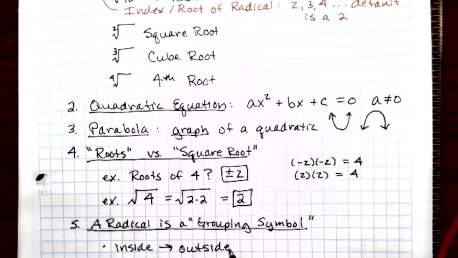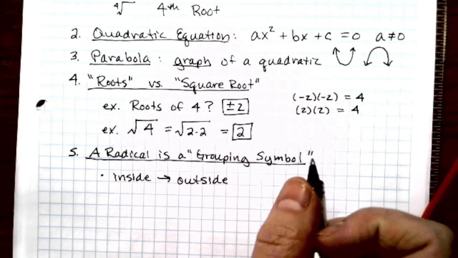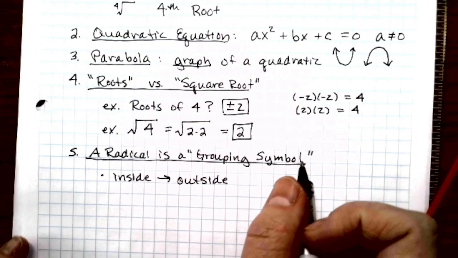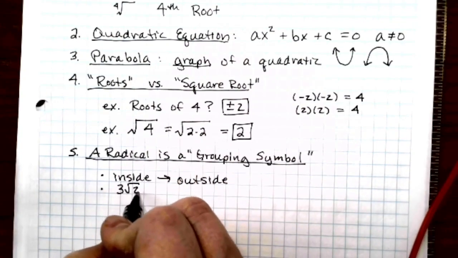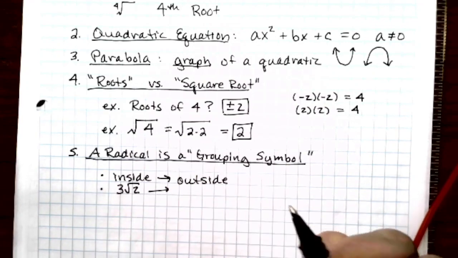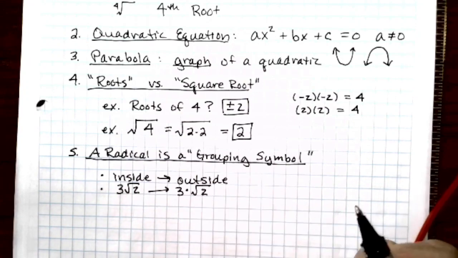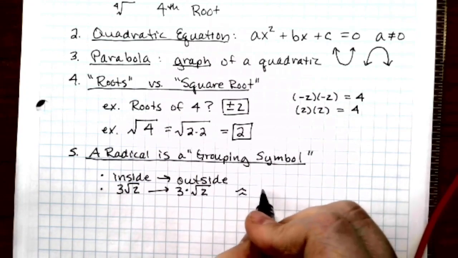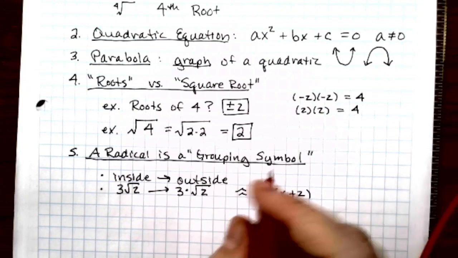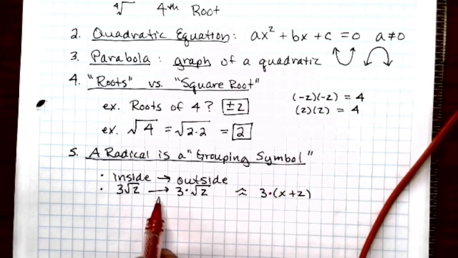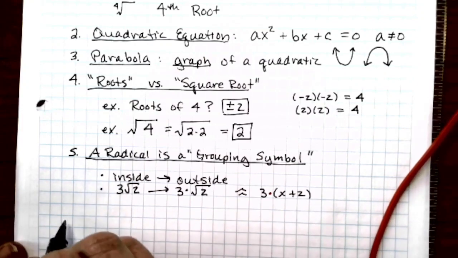It's also the first item that we deal with when doing PEMDAS, or order of operations. So if you have a 3 radical 2, just like when you have a 3 in front of parentheses, a 3 in front of a radical 2 is being multiplied. And again, it's just like a 3 in front of an x plus 2. We know from experience that is 3 times x plus 2. This is the same thing. It means multiply.